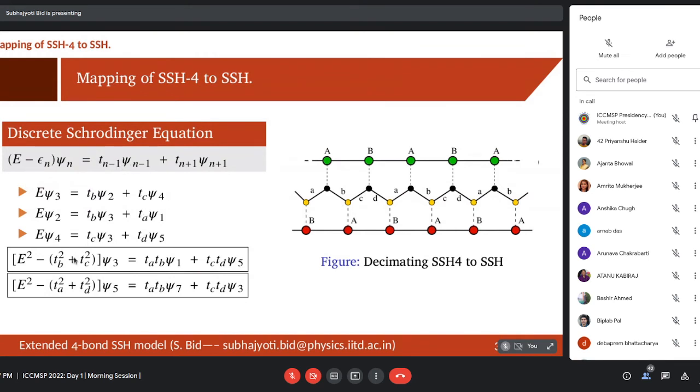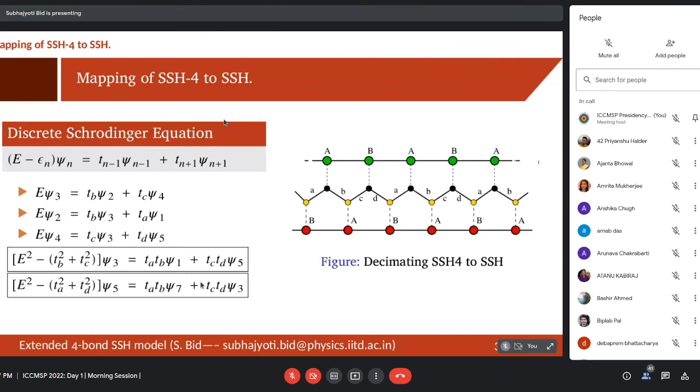What I do see, if you see this equation, I don't do any approximation in this equation. These are all exact equations. I write the equation, and then I substitute so that there is an effective coupling between the odd number of atoms. The only approximation that I do is E is not equal to 0.